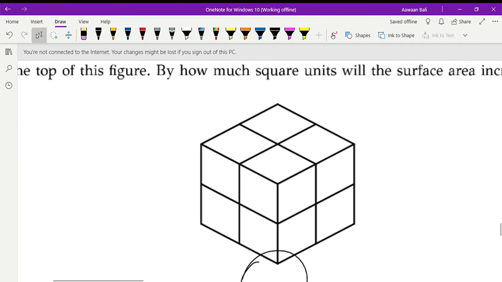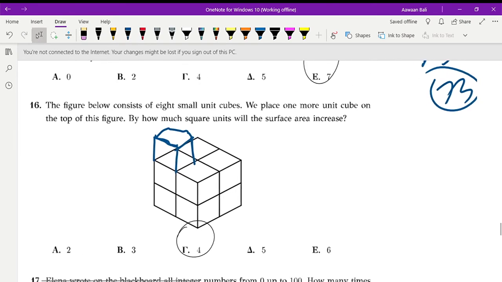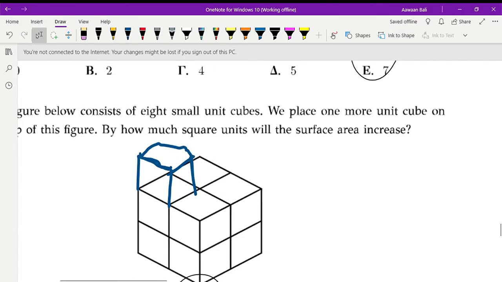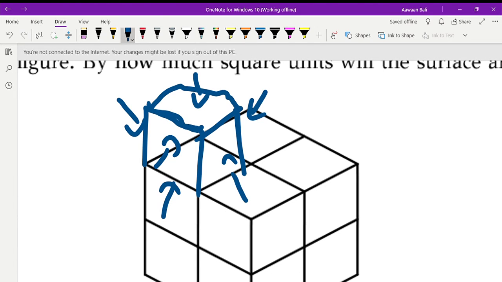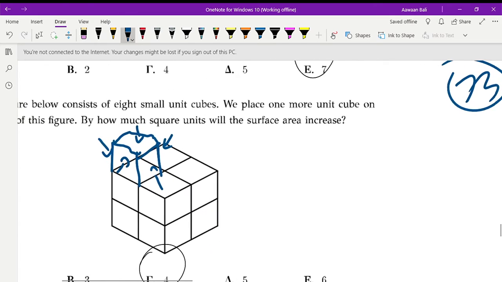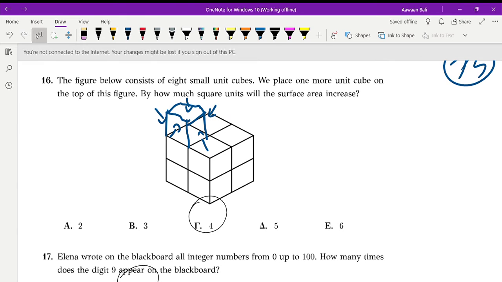Now it says we place one small unit cube on here. So let's say I'm just going to draw one little transparent cube right here. Now we know in a cube there are 6 sides: at the side, at the back, this side, this side, this side, and this side at the bottom. However, when you think about it, the side at the bottom is covered, and the rest of the sides are not covered, which means you think that the total surface area would increase by 5, right?